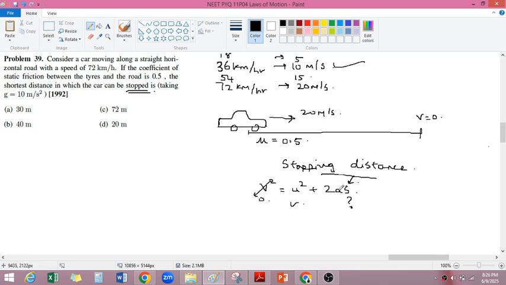The only thing missing is a. How do I find acceleration? If I know the force, force divided by mass will give me the acceleration. Again, we are not accelerating here, we are decelerating, which means the a will actually be a negative value.